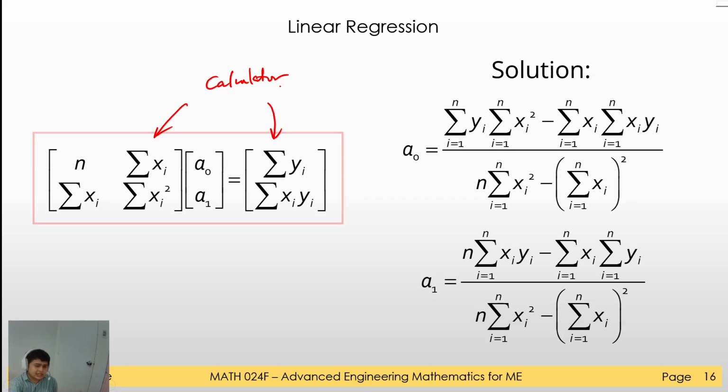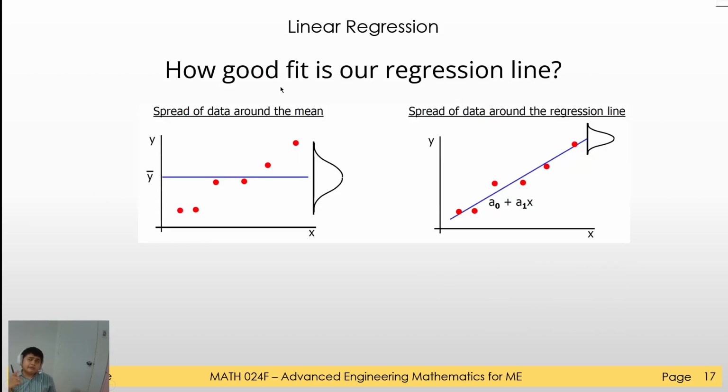Okay. So now, the question is, how do we know if our linear regression, or our regression in general, is accurate? How do we describe that? The accuracy of your regression line will be a function of these two parameters.